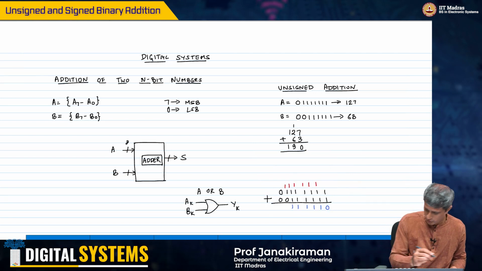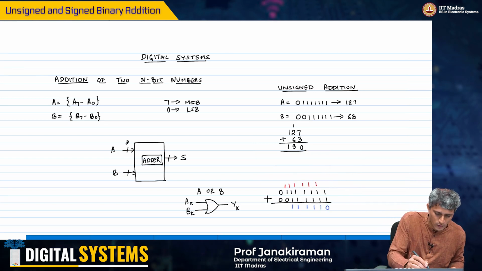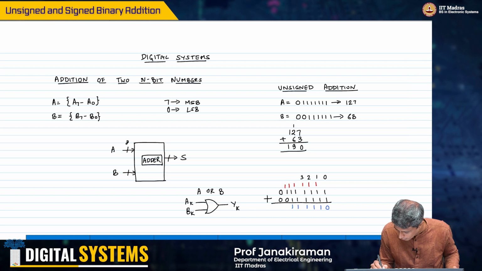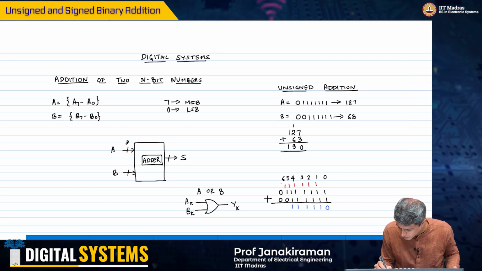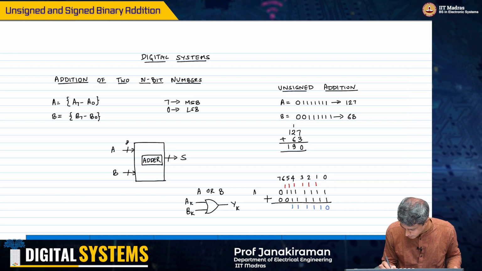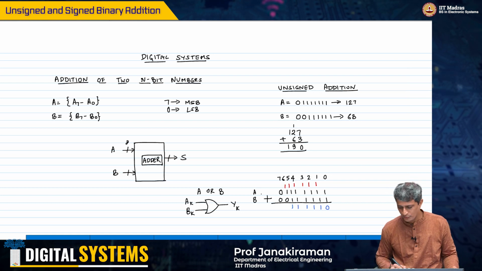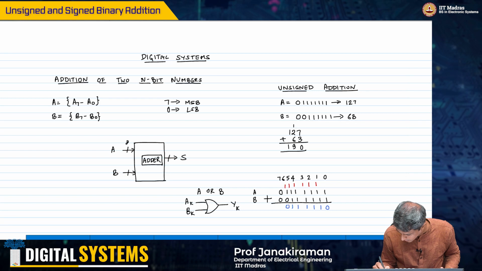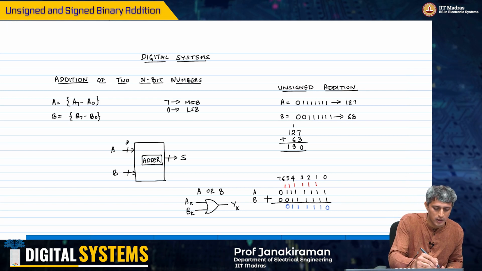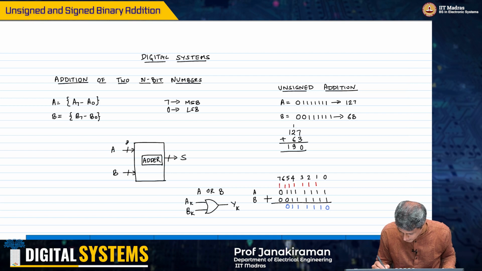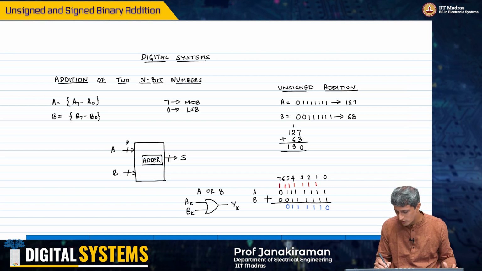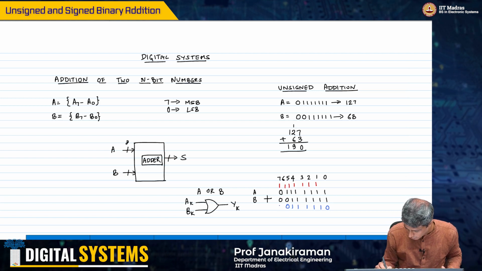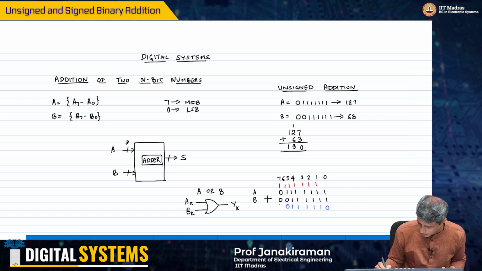Here I am talking of bit positions 0, 1, 2, 3, 4, 5, 6, 7, and obviously this is A, this is B. Now at bit position 6, 1 plus 1 is going to be 0, and eventually you have a carry of 1 to the next stage, and then 1 plus 0 is going to give you 1 as the answer.